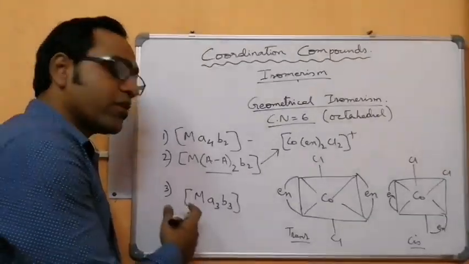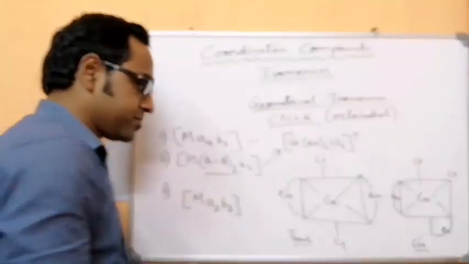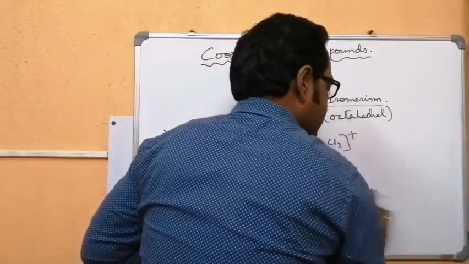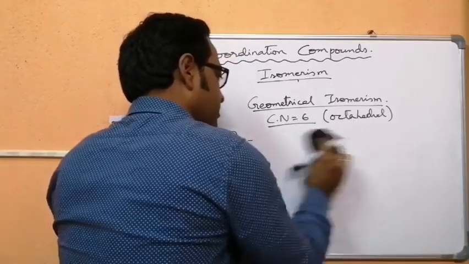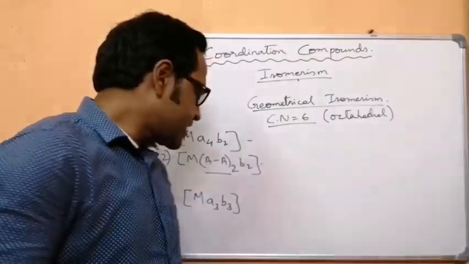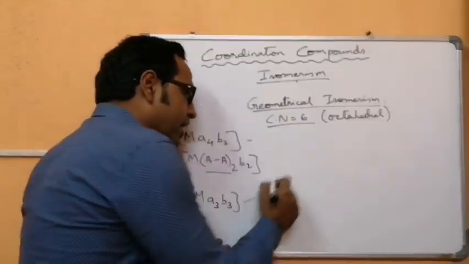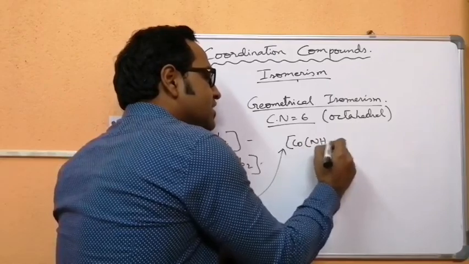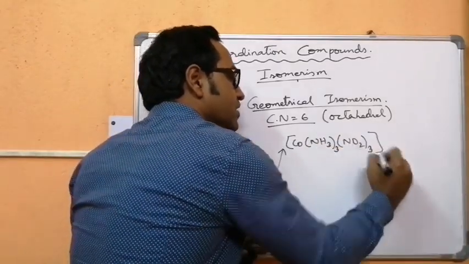Next we will move on to our third example, that is MA3B3 type. Now under MA3B3 type, the example is [Co(NH3)3(NO2)3].